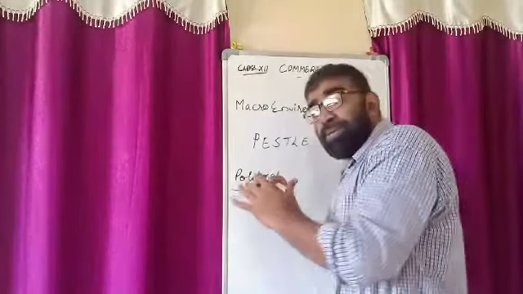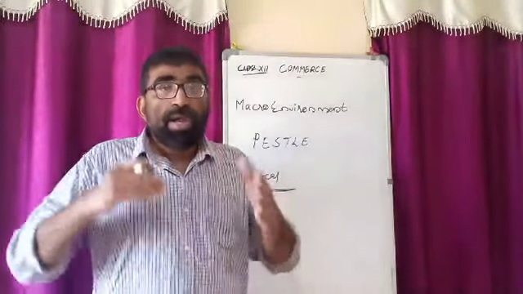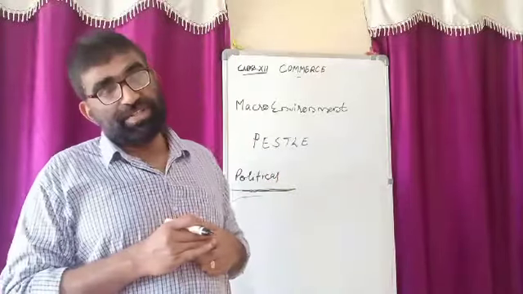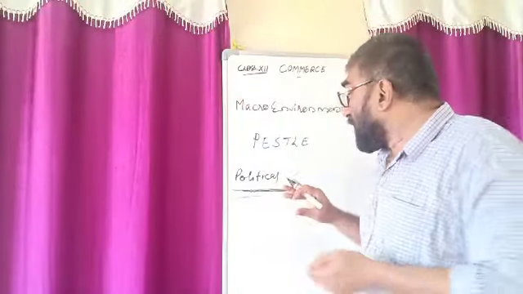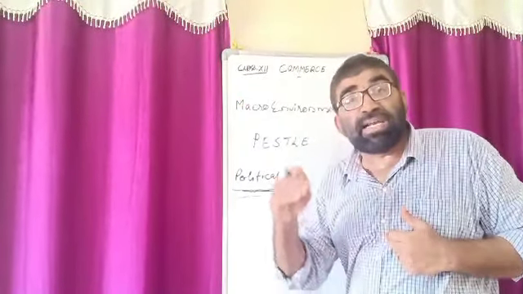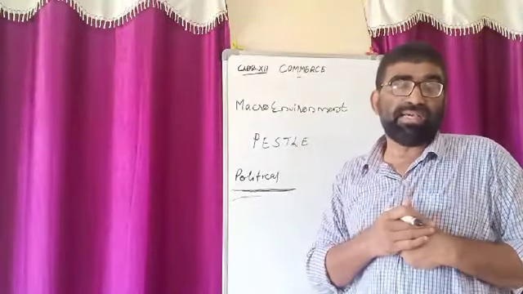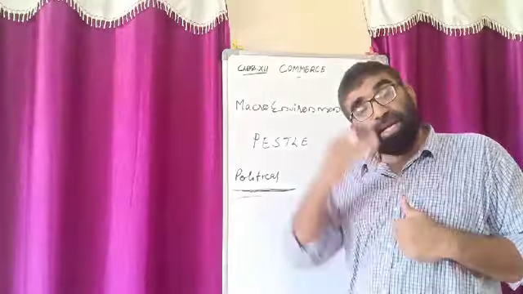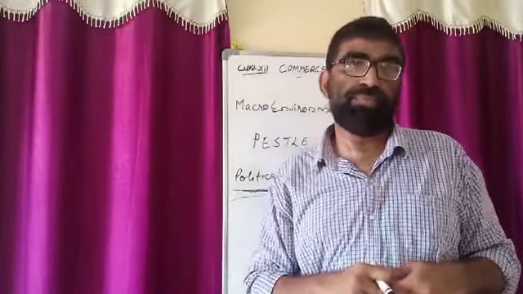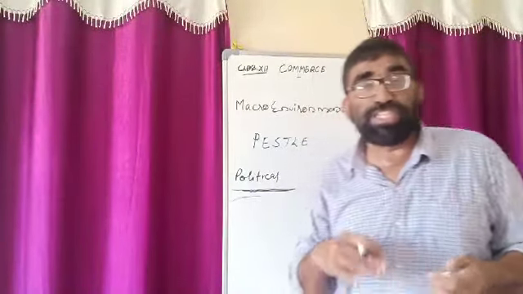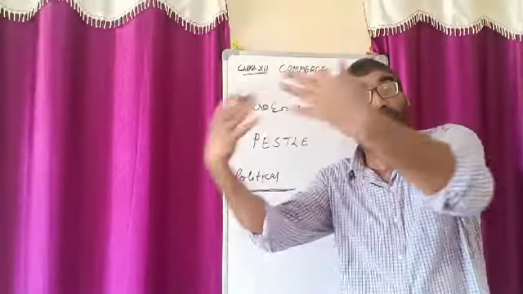Then political structure. Political structure shows the center-state relations. Then political philosophy, the stability of the government. Political process, which includes political parties, elections, their funding, etc.